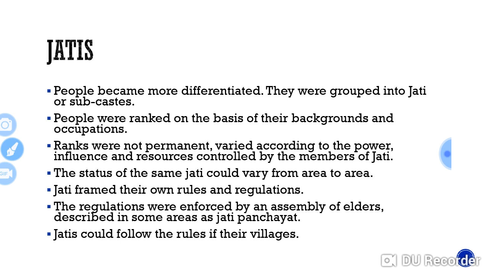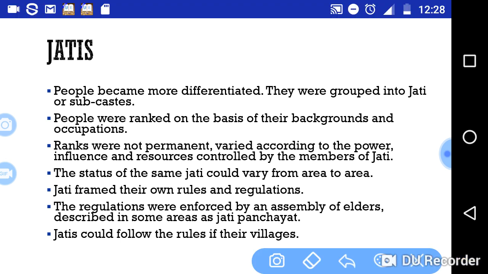And about jatis or the jati system, the people became more differentiated during this period, and differentiated people were grouped into a jati or subcaste, and these people were ranked on the basis of their background and their occupations.